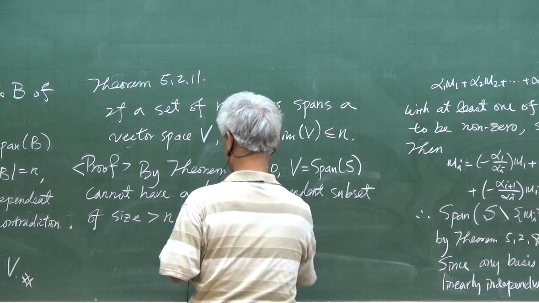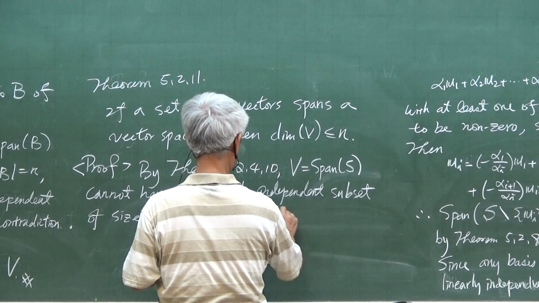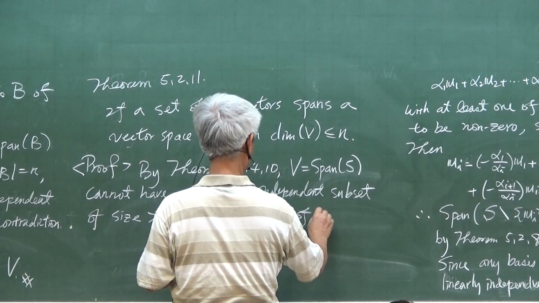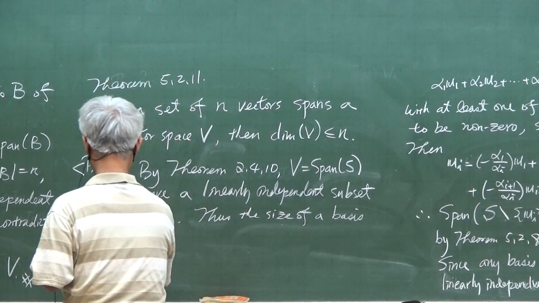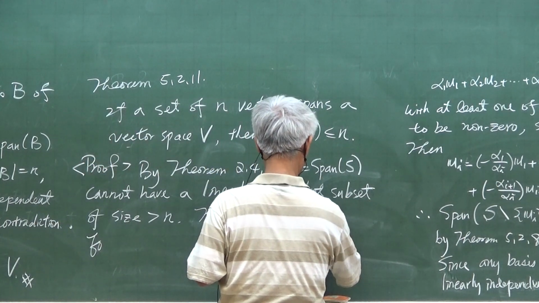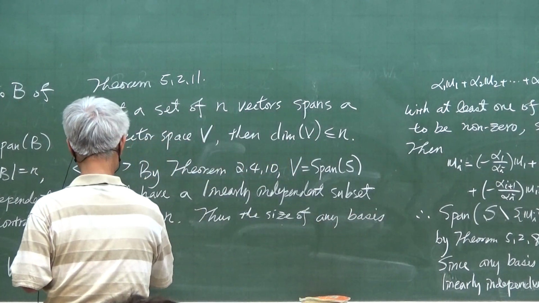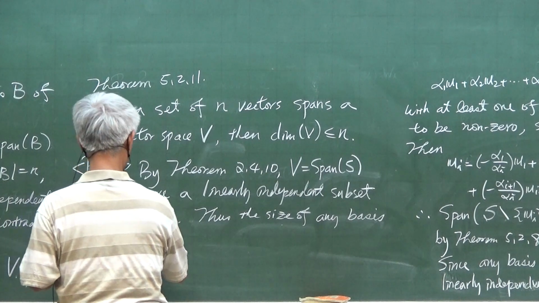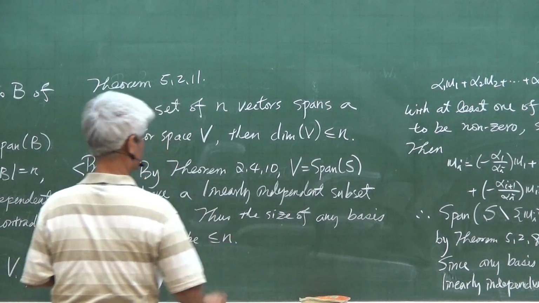So that's the size of a basis, or of any basis for V, must be less than or equal to n.